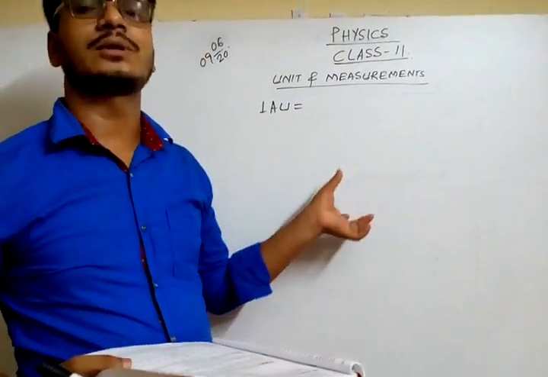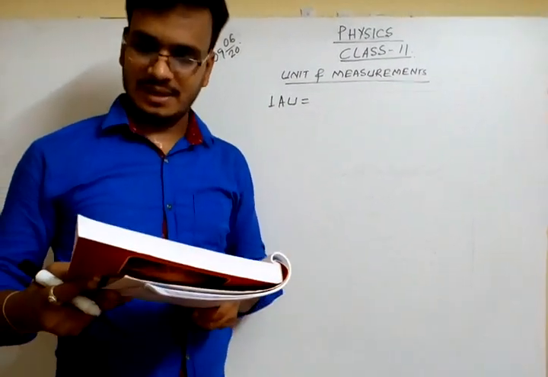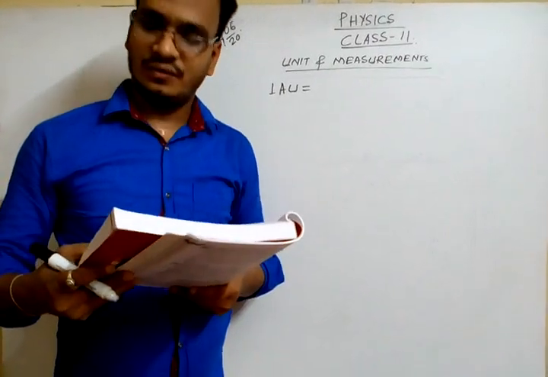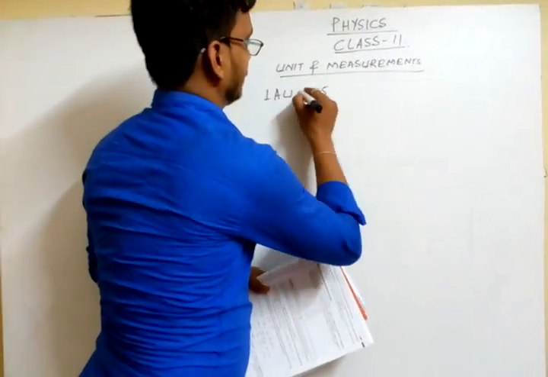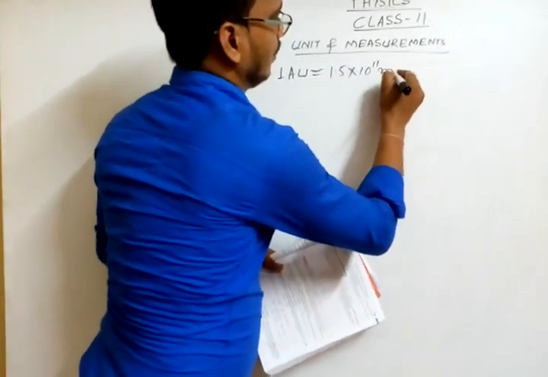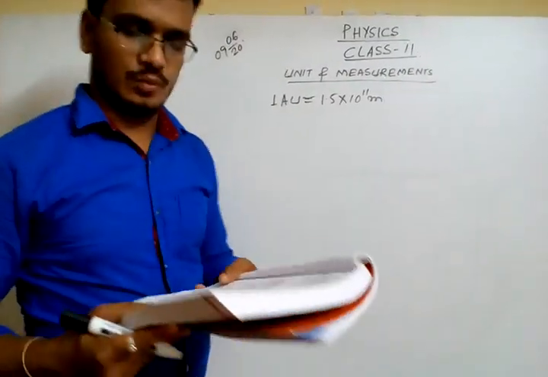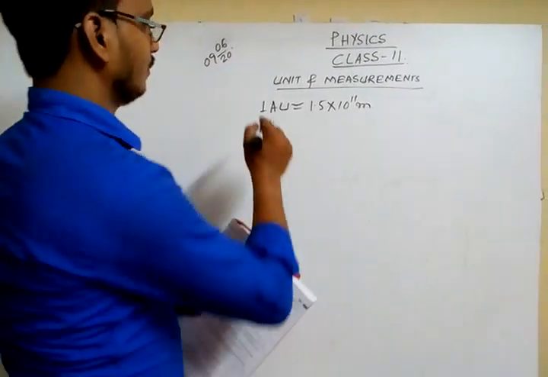Its value is given as nearly 1.5 into 10 to the power 11 meter. That is the astronomical unit.